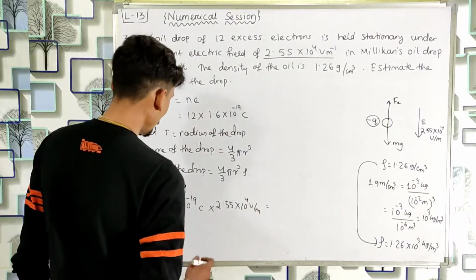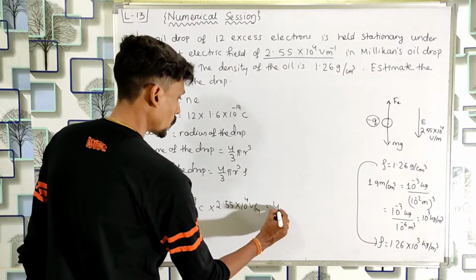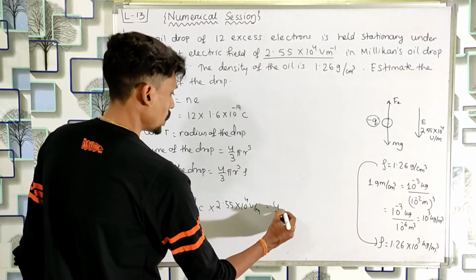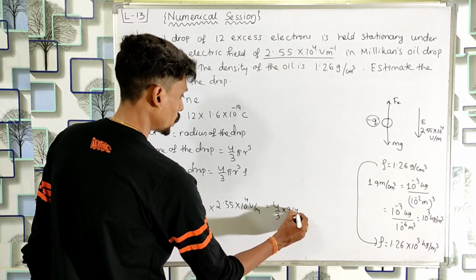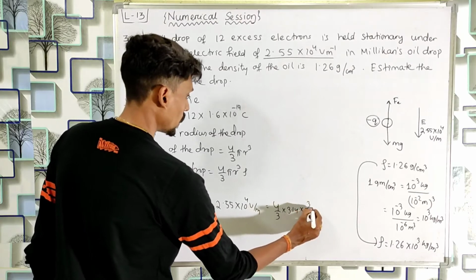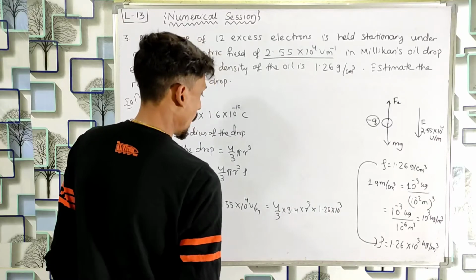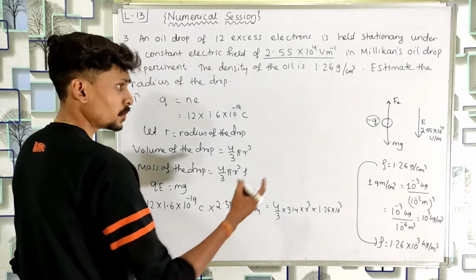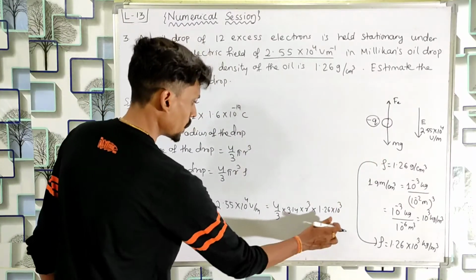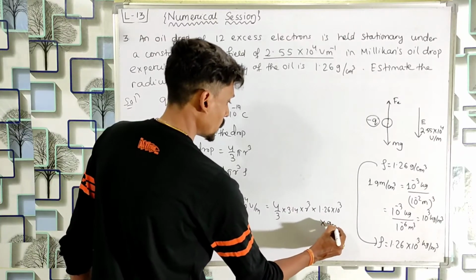So in place of m, you can write 4/3 pi, means 3.14 into R cube into rho, which is 1.26 into 10 to the power 3, and then multiply g. This is m, so g will be 9.8.